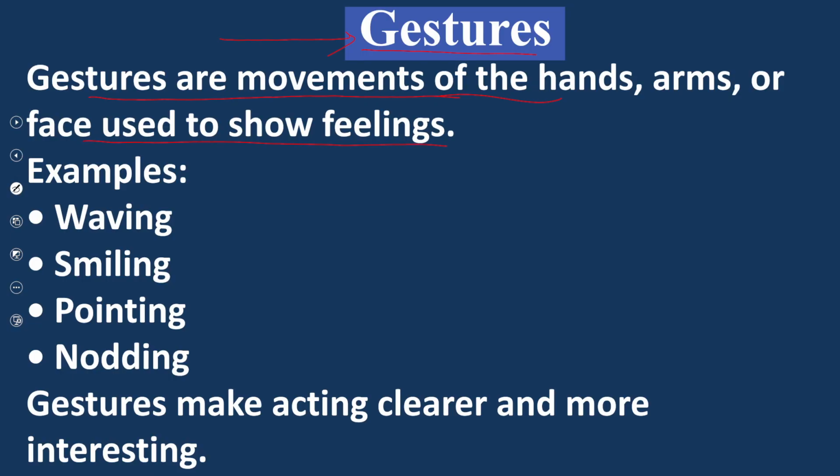For example, waving. When we wave our hands during acting, that is called a gesture. Smiling, pointing means pointing at something. Nodding, if we move our head in a positive way, that is called nodding. So gestures make acting clearer and more interesting.